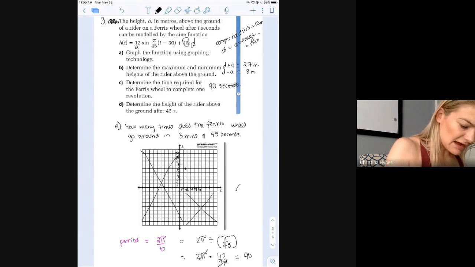And my minimum height is going from 0 to 27. I'll go up to 28. If you were to sketch any kind of graph, you can always use your table of values. So I know that when x equals 0, the value is about 4.6.